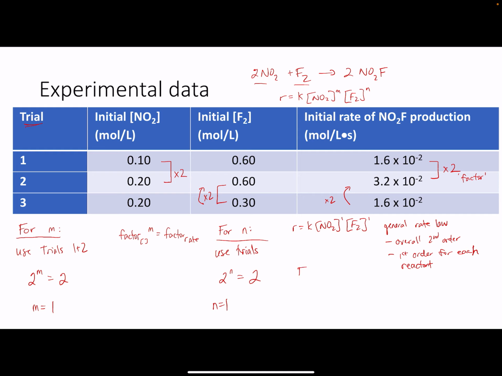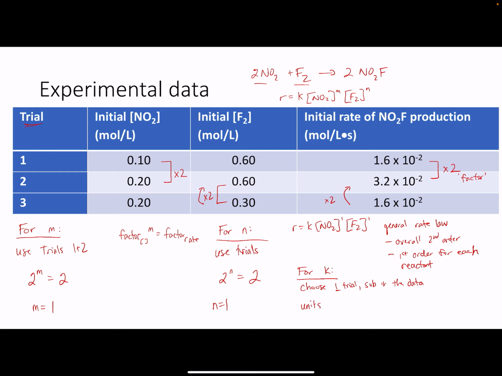Now to find k, all we do is choose a trial and plug in the data. It can be any trial, not just trial 1. Choose one of the trials and sub in the data to find out the value of k.